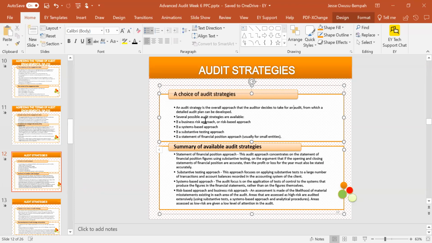Areas that are assessed as high risk are audited extensively. Areas that have a low risk are given a low level of attention. Where the risk is very high, you audit extensively. You use substantive tests, analytical procedures, and a lot of system-based or control testing there.